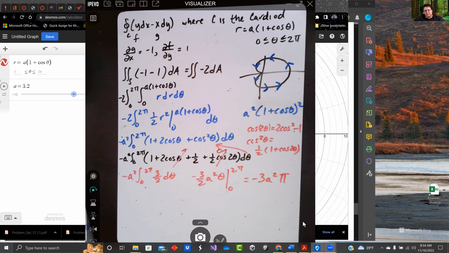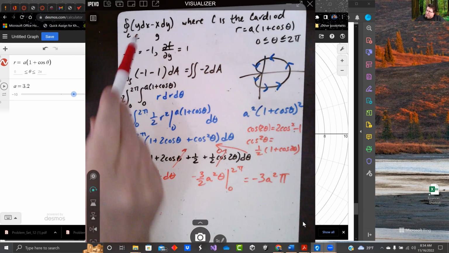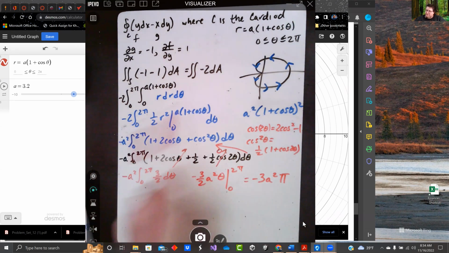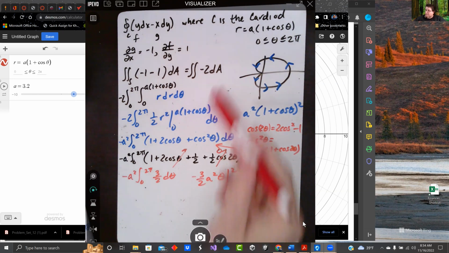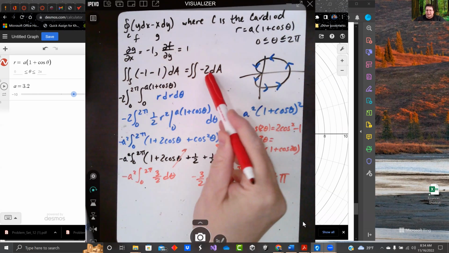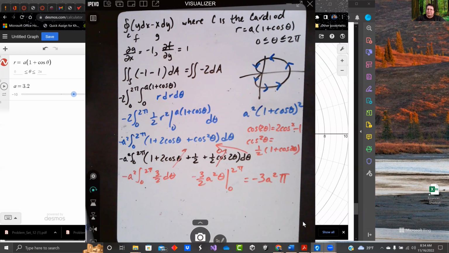Now the negative sign may bother you, but we're not doing area. We're doing this line integral, and this surface integral was -2 dA. We know the area is positive, and we're multiplying it by -2, so we should end up with a negative sign. Does that make sense?